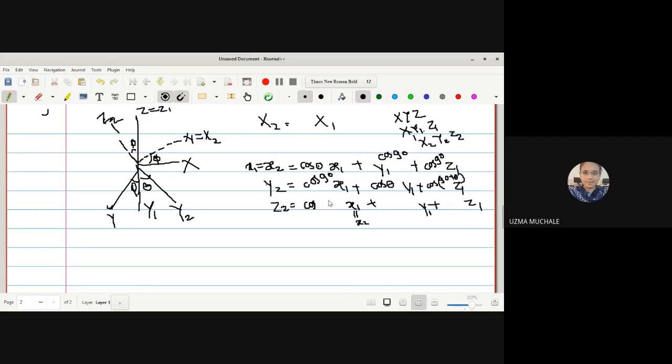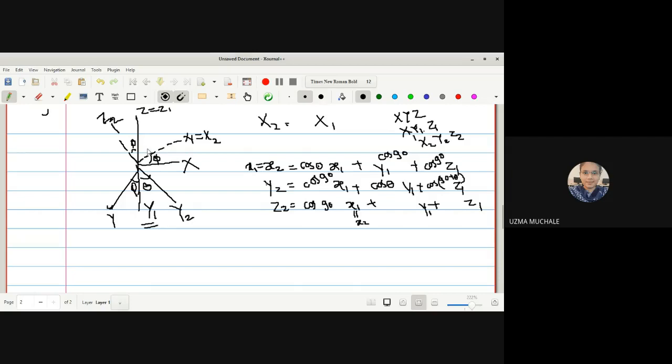What is the angle between Z2 and X2? It is 90 degrees. In 3D space, we have to fix this in mind: the angle between XY, YZ, ZX is 90. Angle between X1, Y1, Y1, Z1 and X1, Z1 is 90. Angle between X2, Y2, Y2, Z2 and X2, Z2 is 90 degrees.